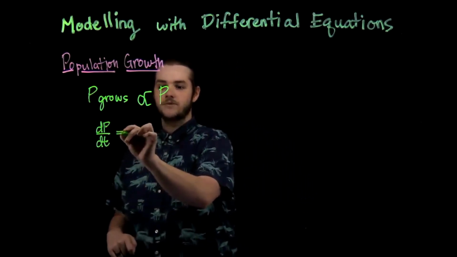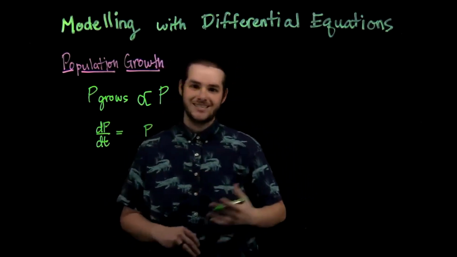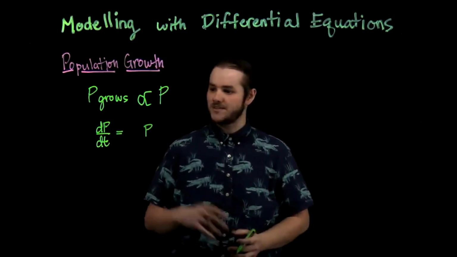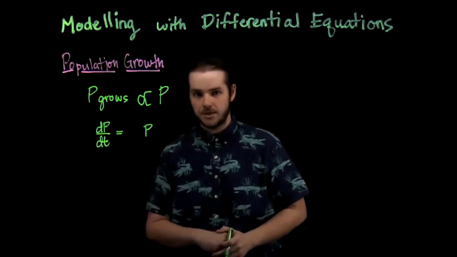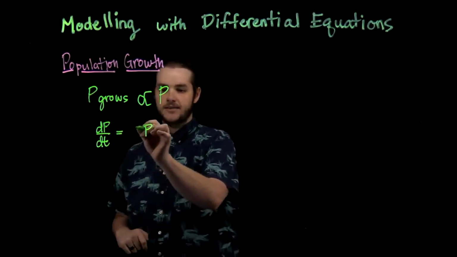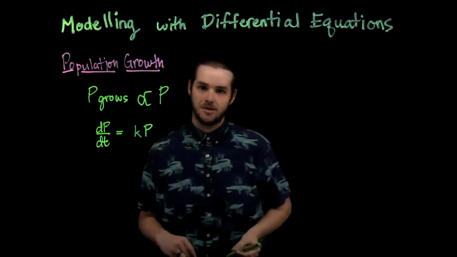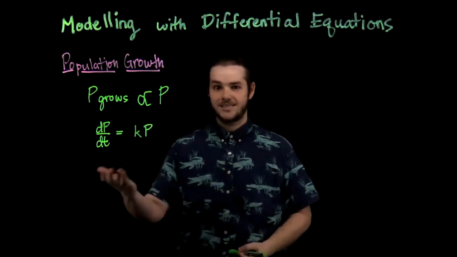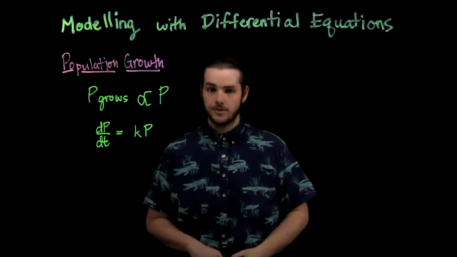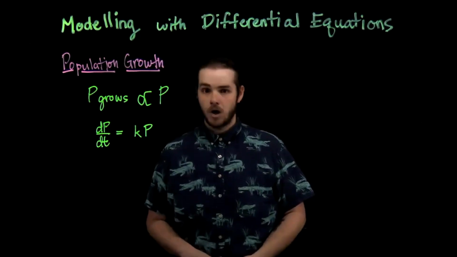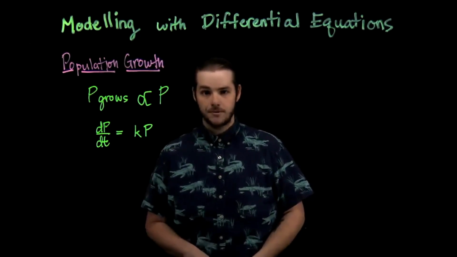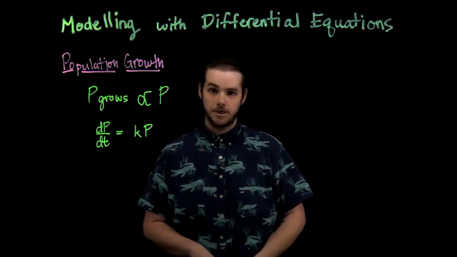And that certainly depends on P, but when I say it grows proportionally, it might not be literally that dP/dt equals P, but that up to a constant, maybe k. So here's an example of a simple real-world scenario that can be modeled using differential equations. Let's take a look at some more interesting ones.